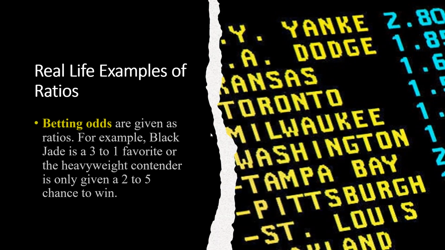So that's basically a 40% chance of winning. 2 to 5, yeah, 40%. So that's not great. A lot of people don't believe in the heavyweight contender. He's a contender, so he's not champion. So we use ratios in betting odds. You see how we use it in everyday life, in mixing, scores, and betting odds. We use it a lot.